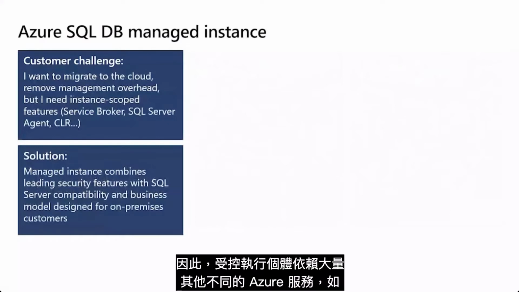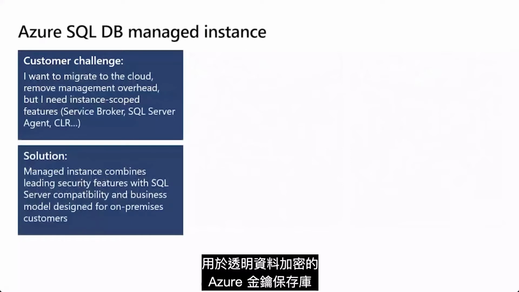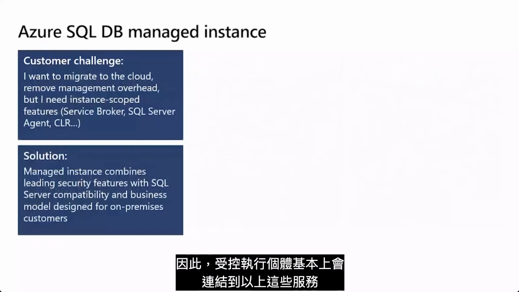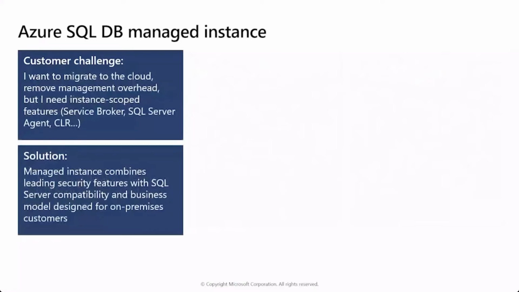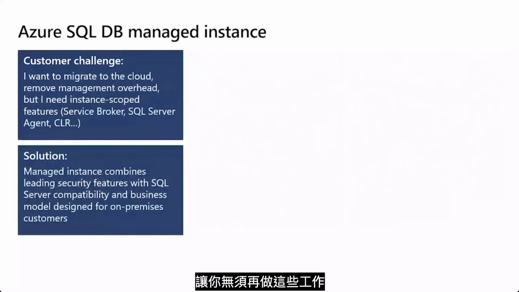So managed instance depends on a lot of other different Azure services like Azure Storage for backups, Azure Event Hubs for telemetry, Azure Active Directory for authentication, Azure Key Vault for transparent data encryption, and a couple more other Azure services that provide those security and supportability features. So the managed instance is essentially a setup of all these services that has already been done for you to really help relieve some of those administrative efforts so that you don't have to do it.